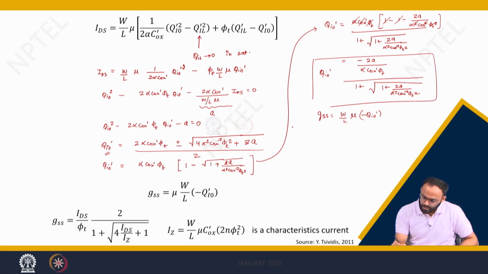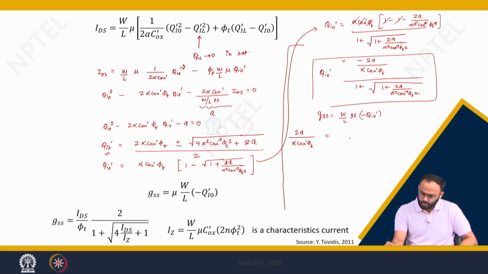But first let's calculate separately what 2A by alpha into COX dash into phi t is. So 2A, we have defined A here, into 2 alpha COX dash into IDS divided by W by L into mu, into here alpha COX dash into phi t. So alpha COX dash cancels, you will be left with 4 times IDS divided by W by L into mu into phi t.